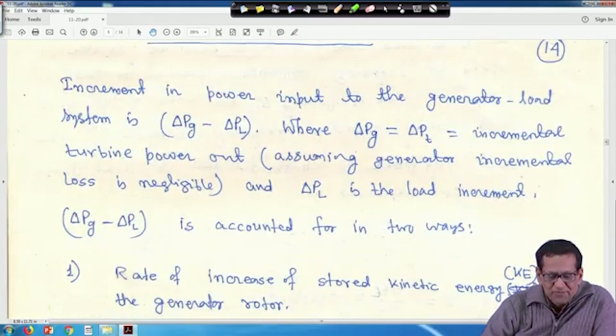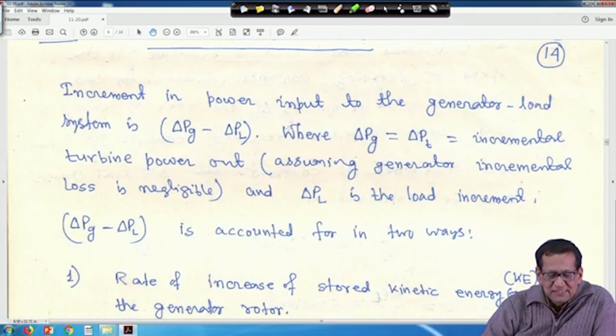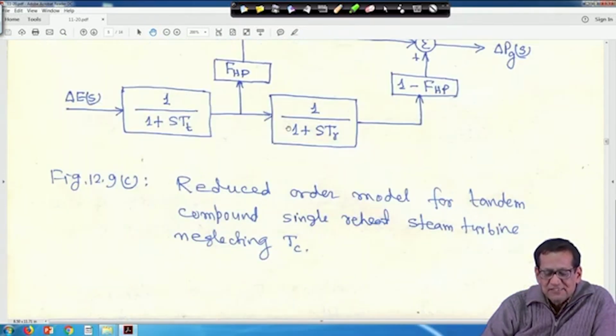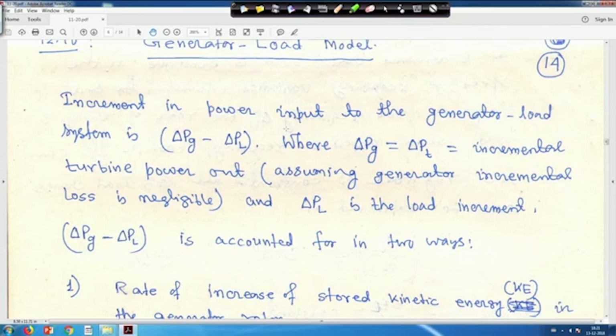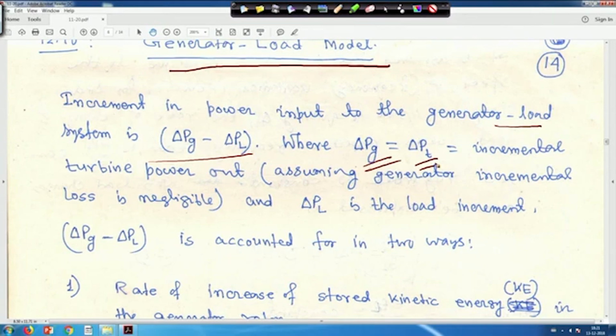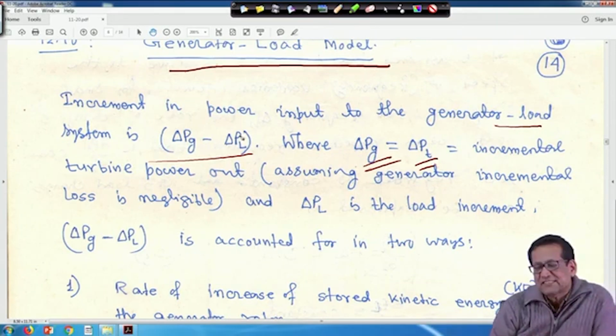Now we have to complete the next model, which is the generator load model. The increment in power input to the generator load system is ΔPg minus ΔPL. The idea is something like this: it is a lossless turbine, so we could assume ΔPg is equal to ΔPT. If there is a load change, then there will be a transient imbalance between the generation and the load.